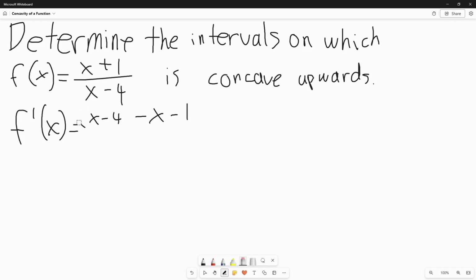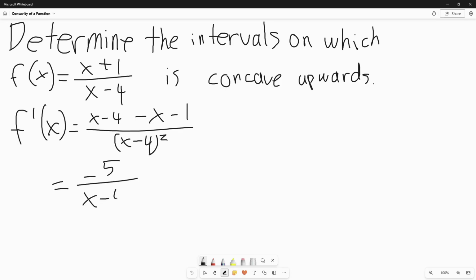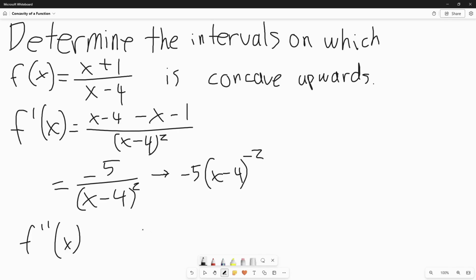We can rewrite this without the parentheses, all over x minus 4 squared. And this is equal to negative 5 over x minus 4 squared. And now let's find f double prime of x, or the second derivative. This can be rewritten as negative 5 times x minus 4 to the power of negative 2.